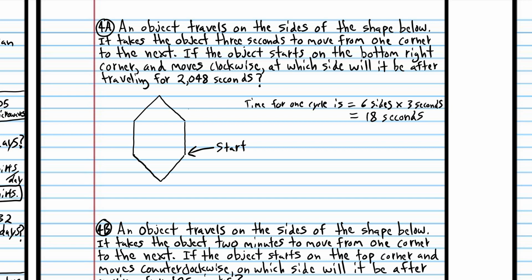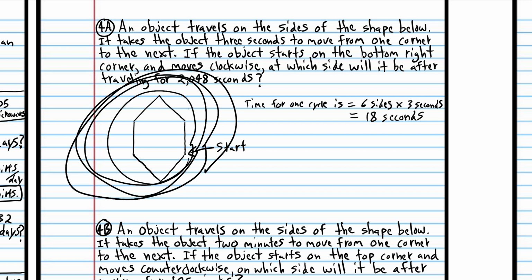Now what we're going to do is figure out how many cycles are there in 2,048 seconds. And then after we figure out how many cycles are in 2,048 seconds, we're going to figure out how many seconds are left over. So we're going to go around and around and around.